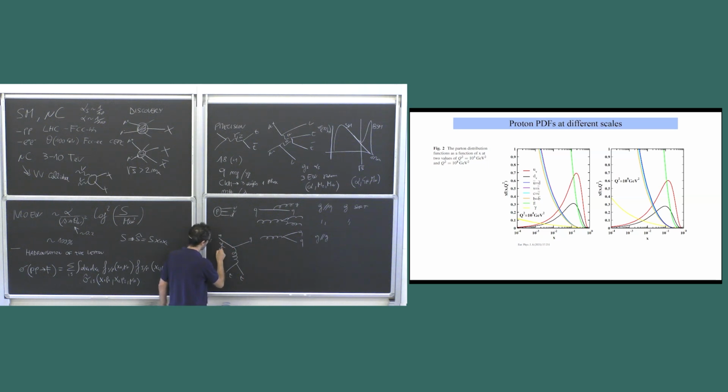There are all these effects happening, and you can have multiple branchings. You cannot just take into account one branching. And this is precisely what the DGLAP equations are doing.